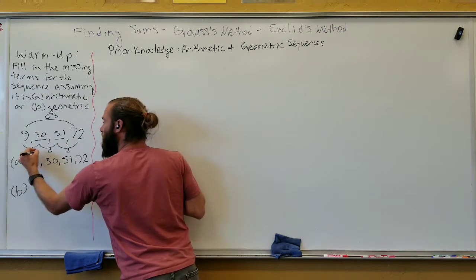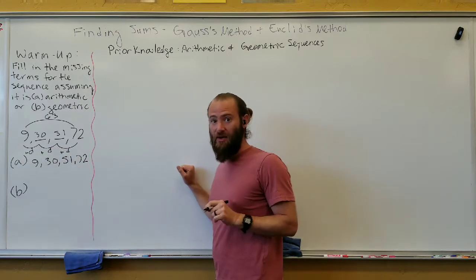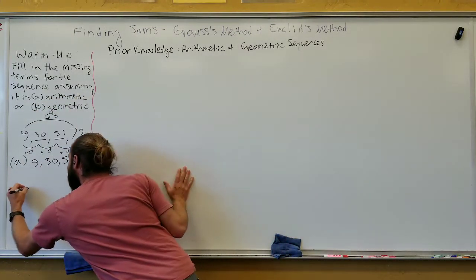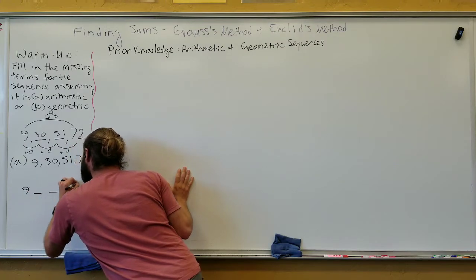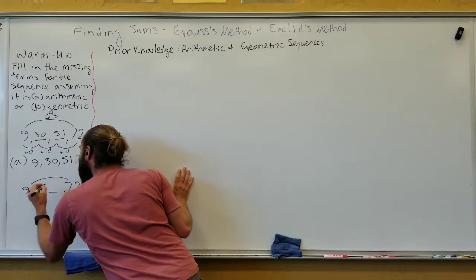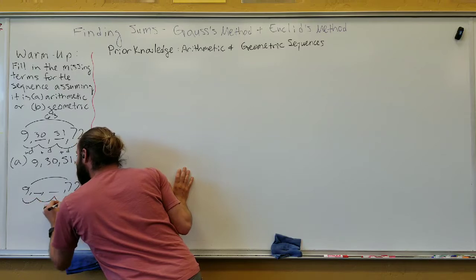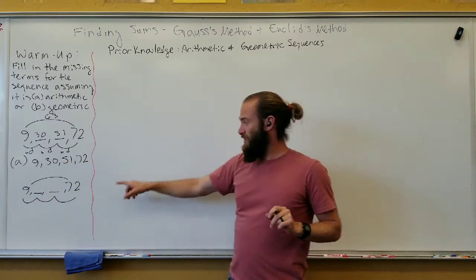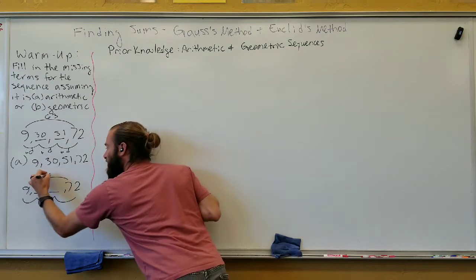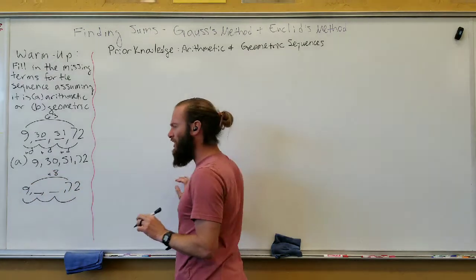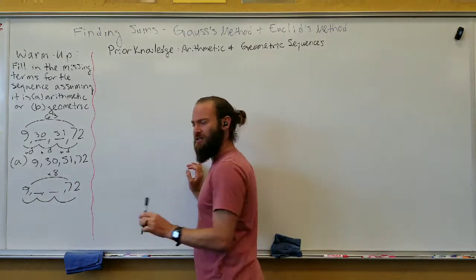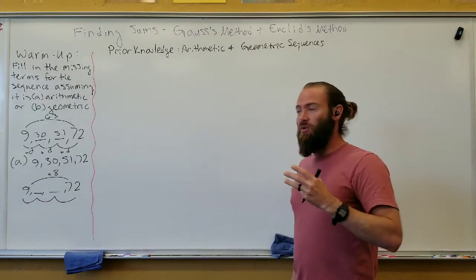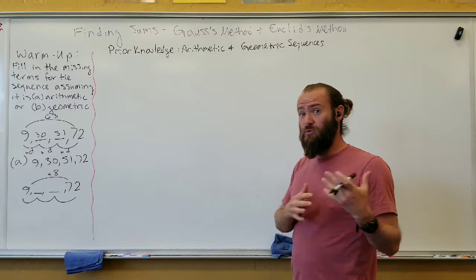And I want to remind you here that this was adding for the arithmetic one, right? Actually, let's just rewrite this down here. So let's do it again, 9 blank blank 72. But in this case, we're actually not doing jumps based on addition, we're doing a geometric sequence, right? Based on multiplying. So 9 times 8 is 72. Well, one product of 8 is the same as, how do I split that 8 into 3 jumps? Well, if you remember, that kind of goes along with the cubed root, right?